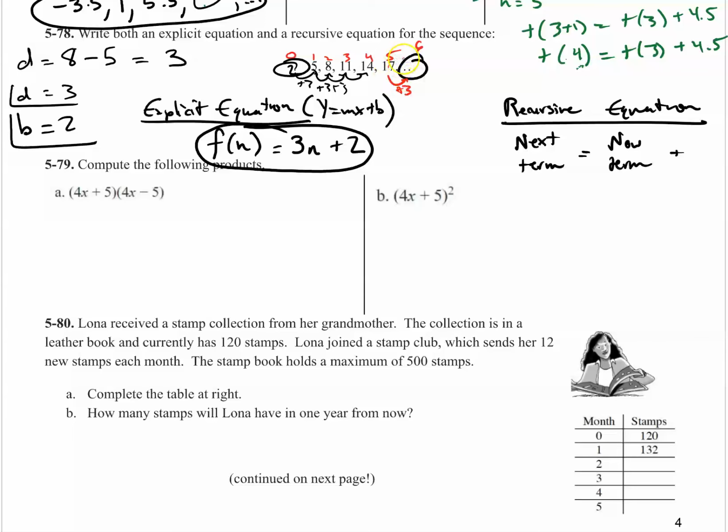So we take 17 and add 3. So the next term, oh, we wrote f here, so let's keep using f. It's going to be f of n plus 1 equals the now term, f of n plus 3.